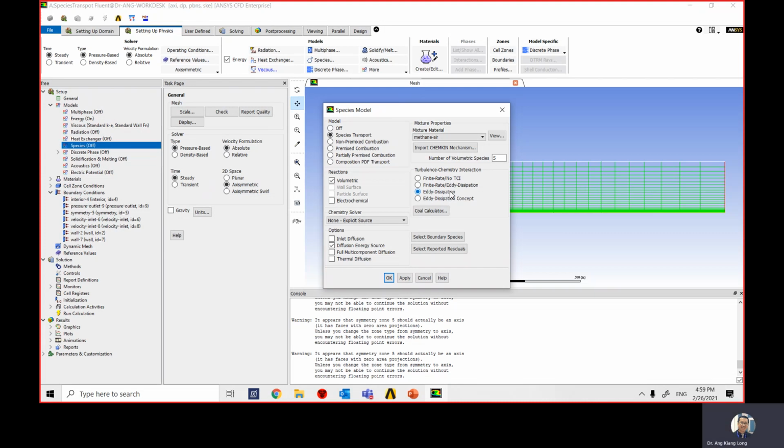The eddy dissipation model will compute the rate of reaction under the assumption that chemical kinetics are fast compared to the rate at which the reactants are mixed by turbulent fluctuations, or eddies.